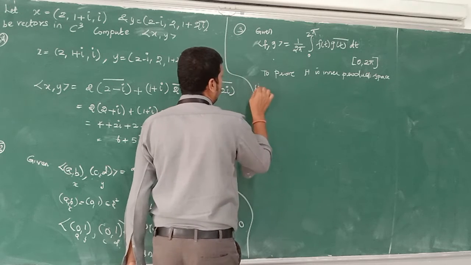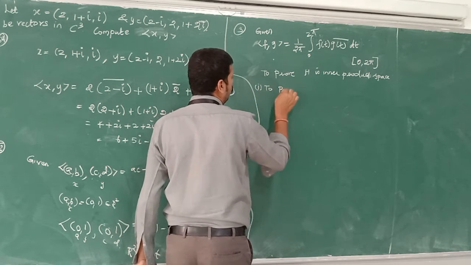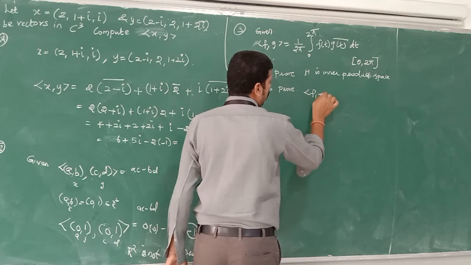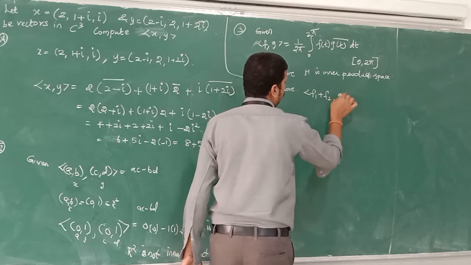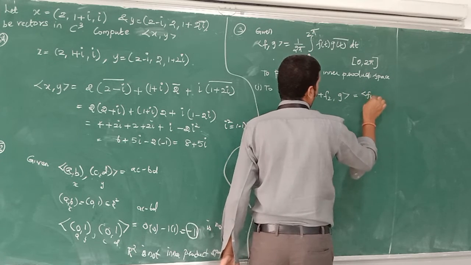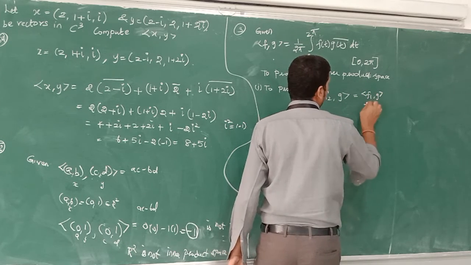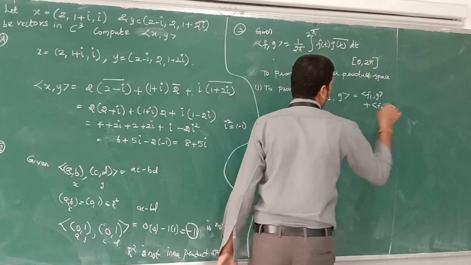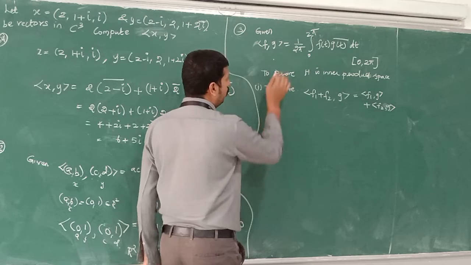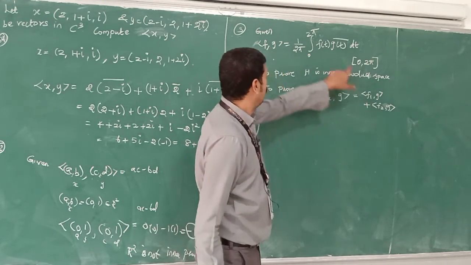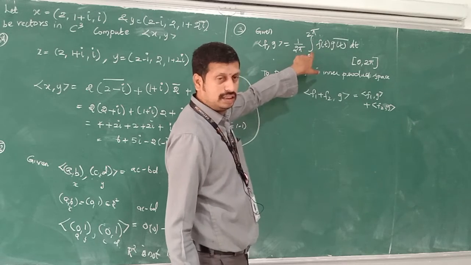To prove the first property, consider f1 plus f2 comma g equal to f1 comma g plus f2 comma g. So the first property is this one, and we have to move according to that. With this one, consider this as like this.